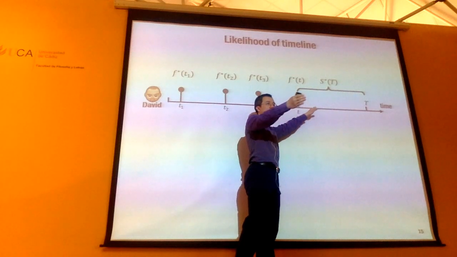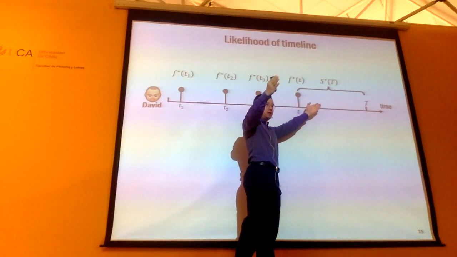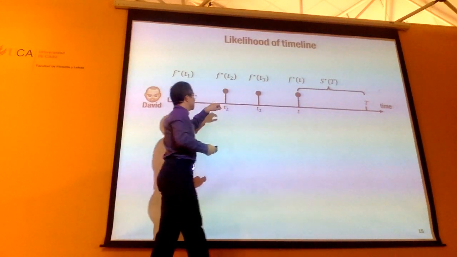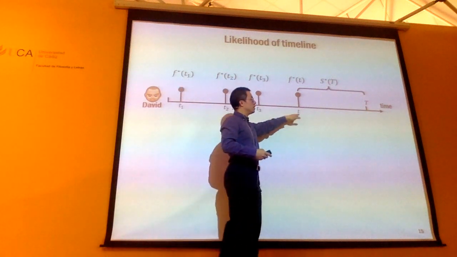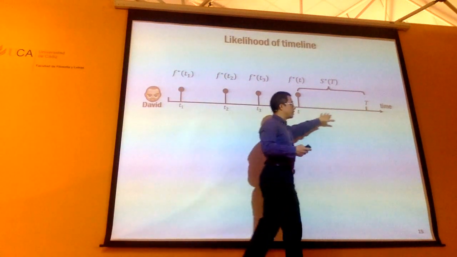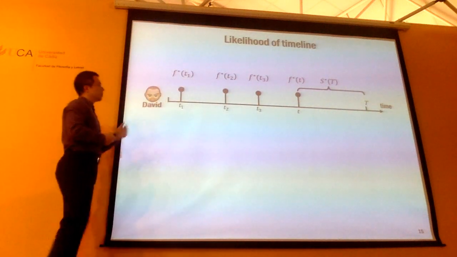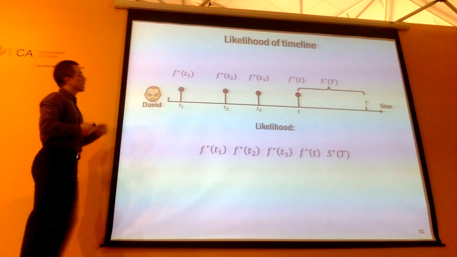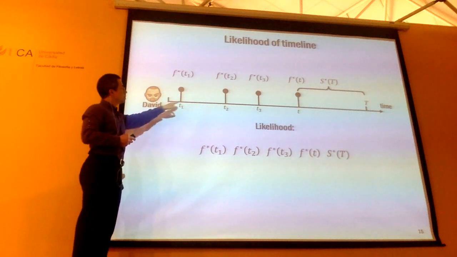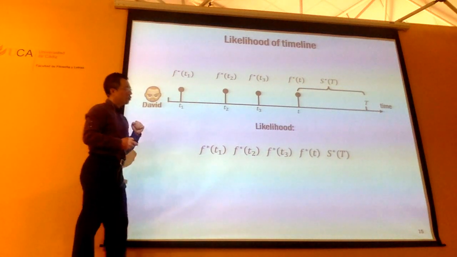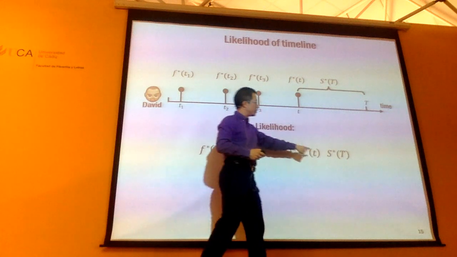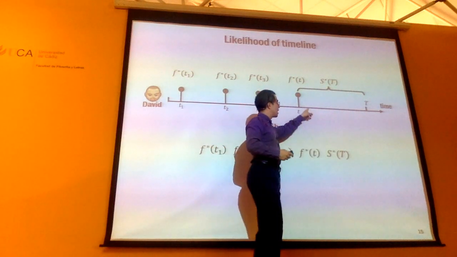Suppose you only have an observation window of T, and then you see events t1, t2, t3, and t4 here, and no event happening here. So you can describe this entire sequence of events by just multiplying together the likelihoods of individual events. Each event gives you one term in the likelihood, and then for the last interval you have a survival function because nothing happens here.